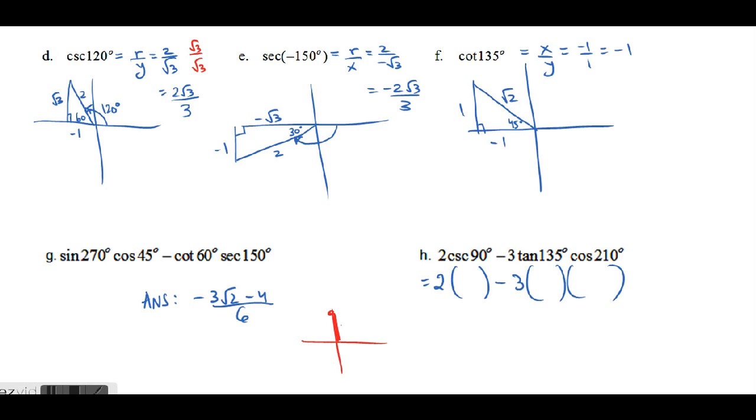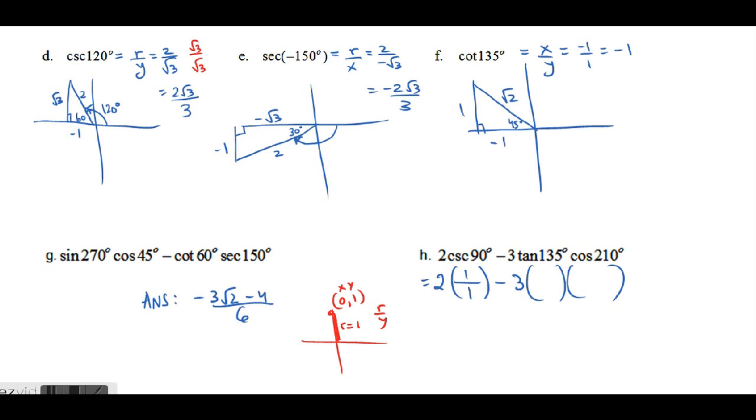It falls on the quadrant axis, so we have radius is 1, and the point up here is 0, 1. This is x and y. So cosecant, if you recall, is r over y. So the value I'm going to record in here is 1 over 1.